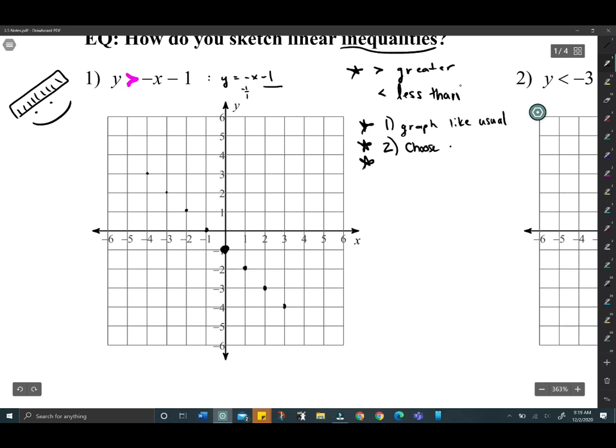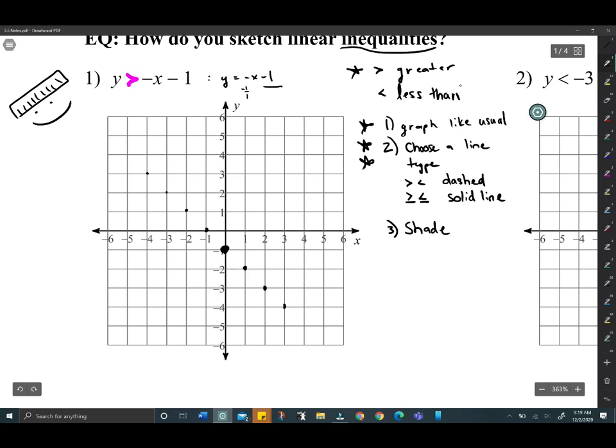If it is greater than or less than, you use a dashed line. If it is greater than or equal to or less than or equal to, you're going to use a solid line. And lastly, you need to shade the graph.